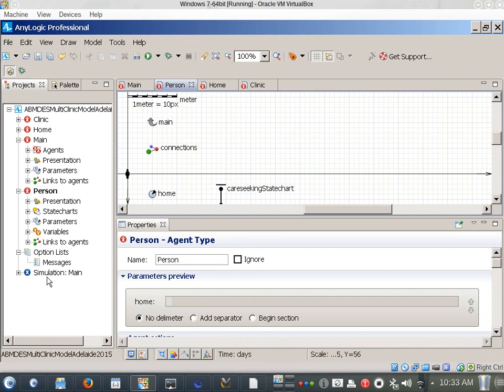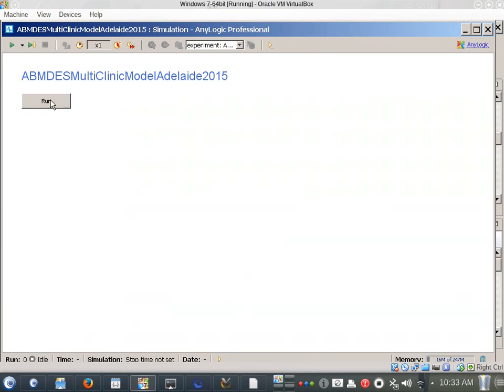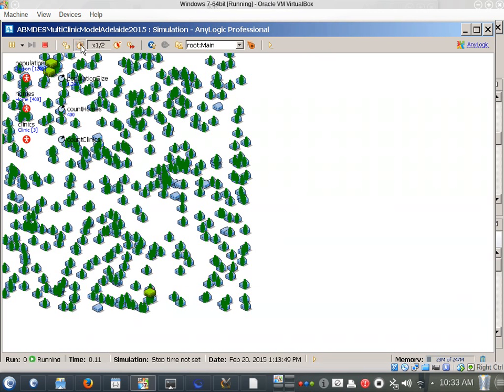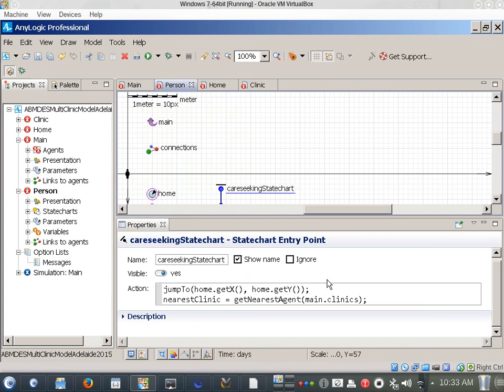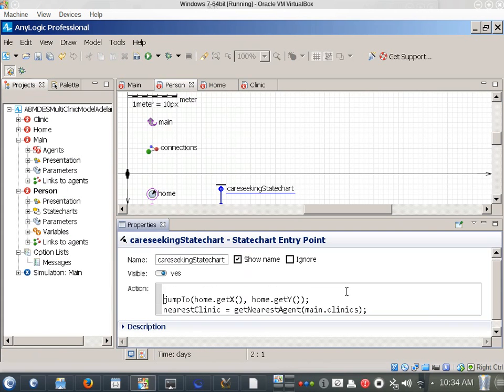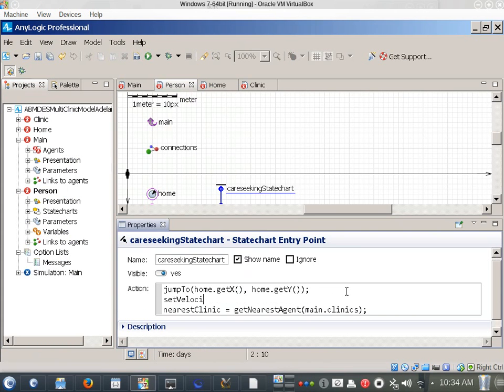Let's check this out. I'm going to slow this down a lot. You're going to be waiting a long time for somebody to get there. Indeed, this is the issue. So maybe the simplest thing to do is to set the velocity to be very low, 0.01 or something like that.